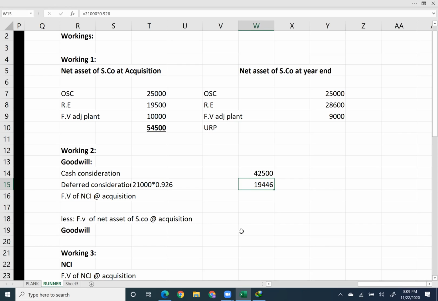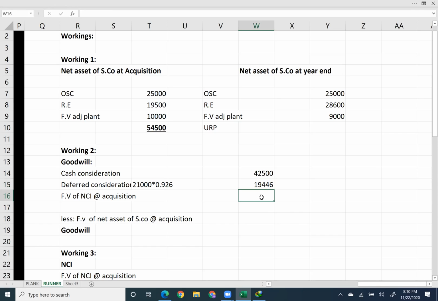This formula is mandatory. If you do it directly from your calculator and write the direct figure here, this may result in losing your marks. The marker will be confused and say, from where did you get this figure? So either show the working on this side, or apply the formula here.